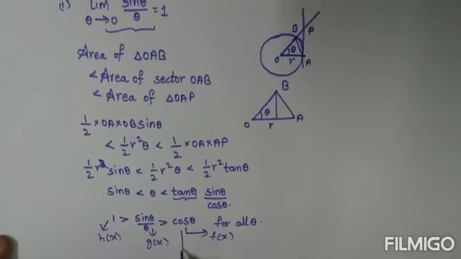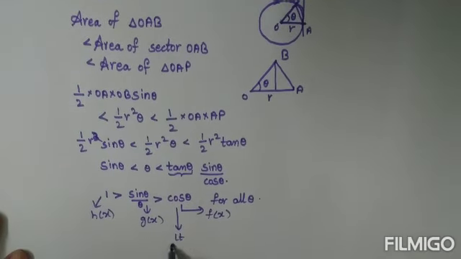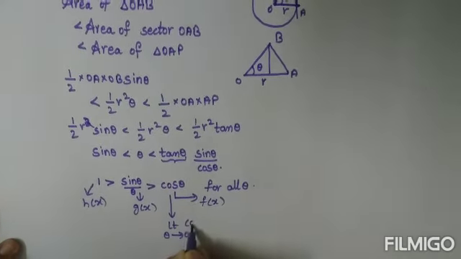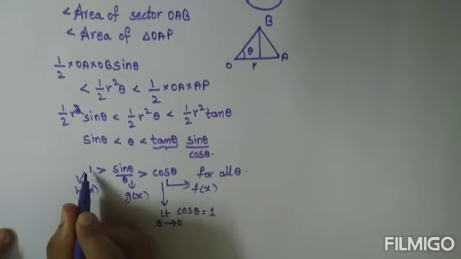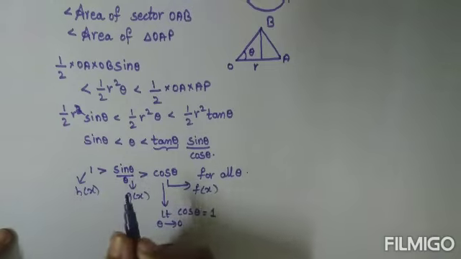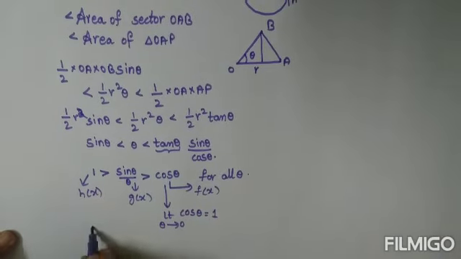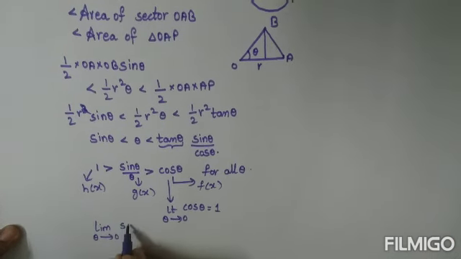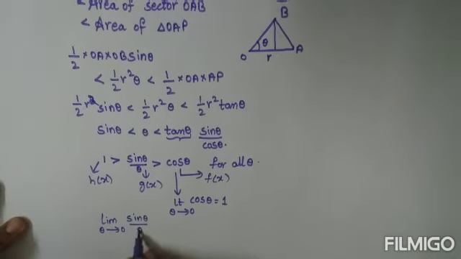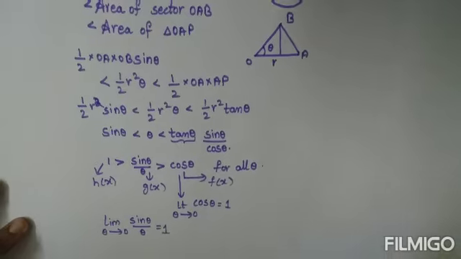So limit theta tends to 0, cos theta is nothing but 1. And limit theta tends to 0, 1 is nothing but 1. So we can say that limit theta tends to 0, sin theta by theta is always equal to 1.